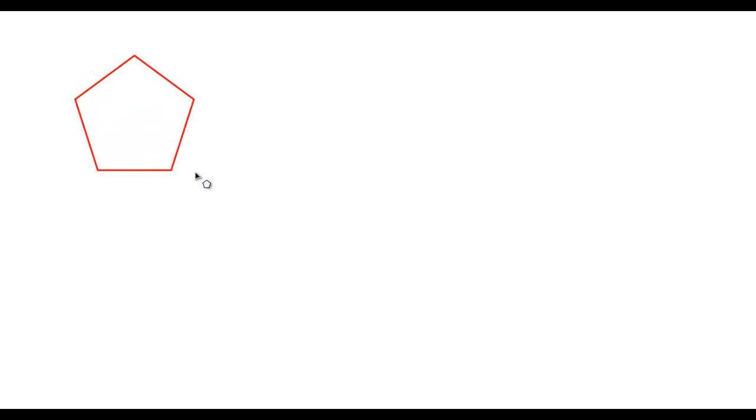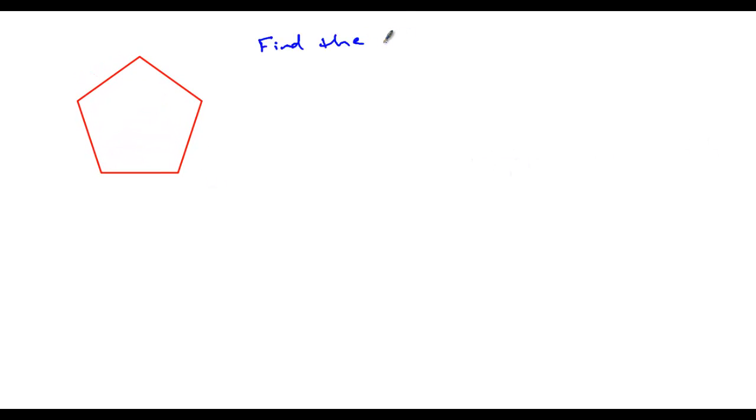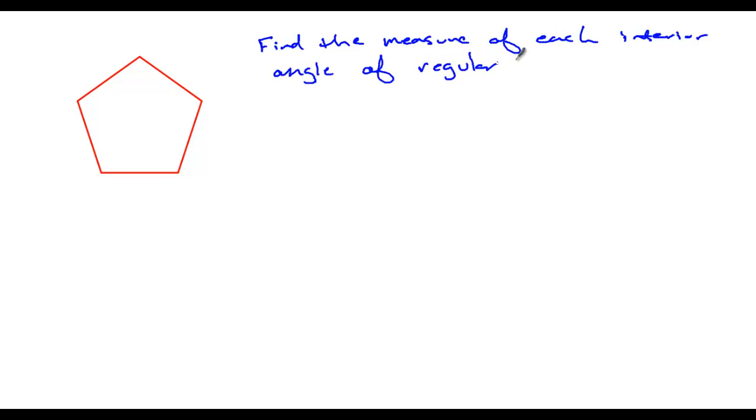So I'm going to start out with a pentagon here. Find the measure of each interior angle of regular pentagon A, B, C, D, E. And that just means that this is A, B, C, D, E. Well, it has 5 sides, and it's a problem about interior angles.